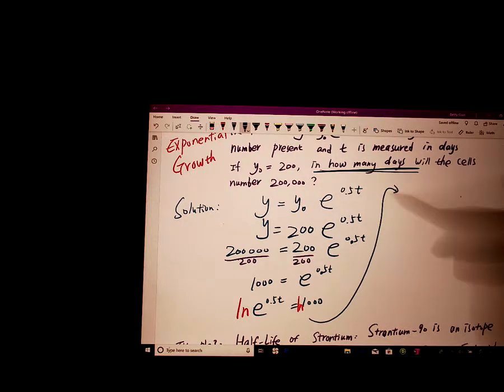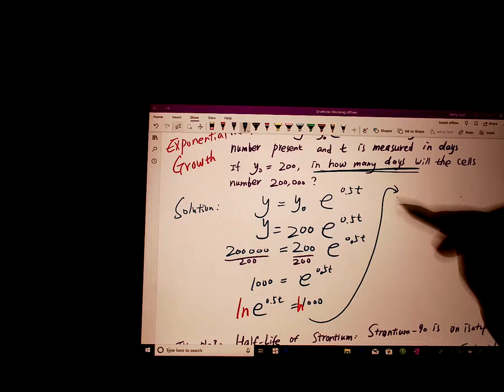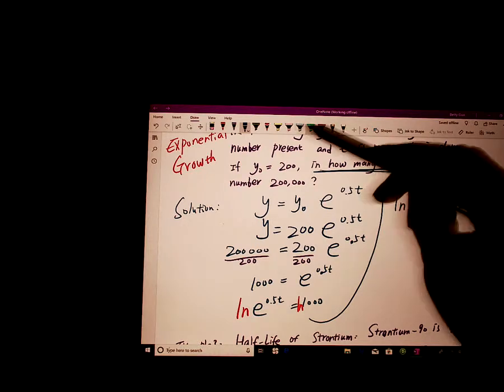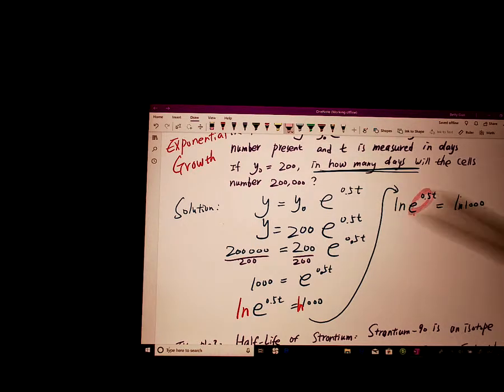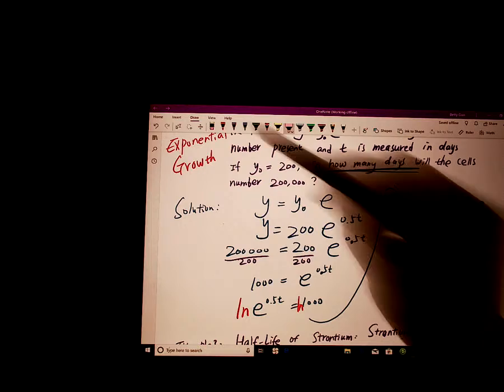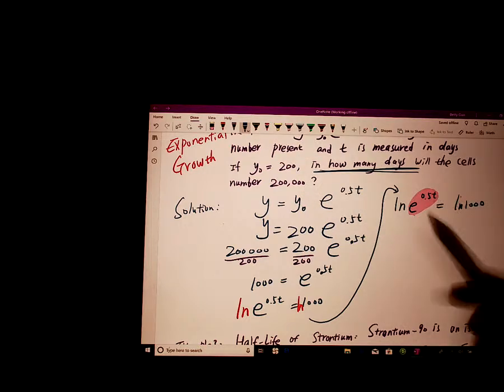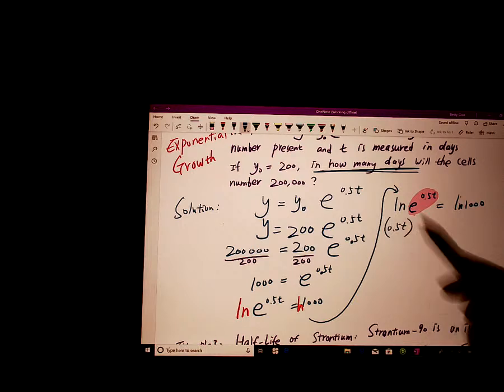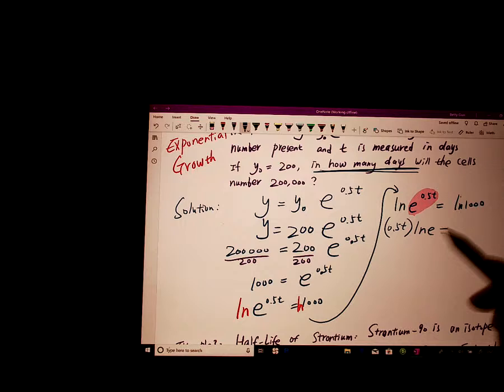So let's continue here. Then we would have ln e to the 0.5t equals ln 1000. Look at the logarithm on the left. The argument is a power, right? We are able to move the power, the exponent 0.5t, in front, and then multiply by ln e.